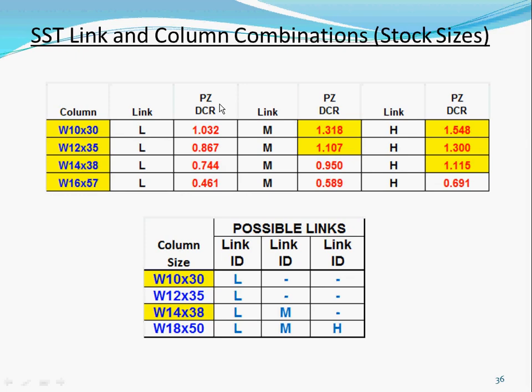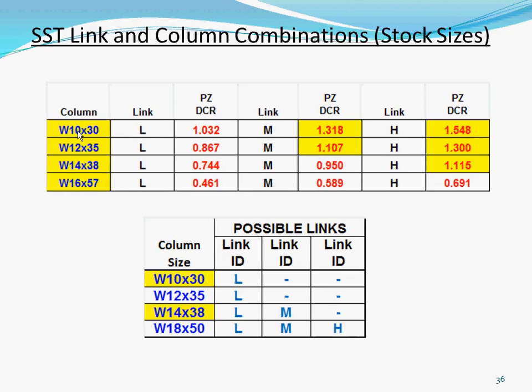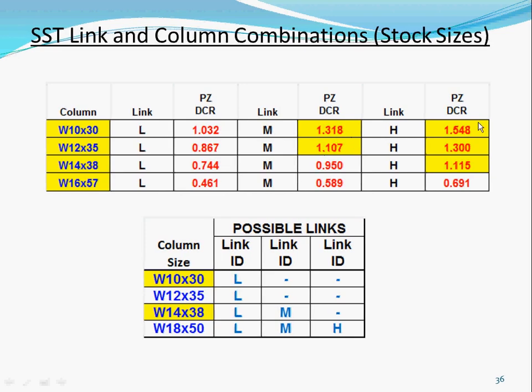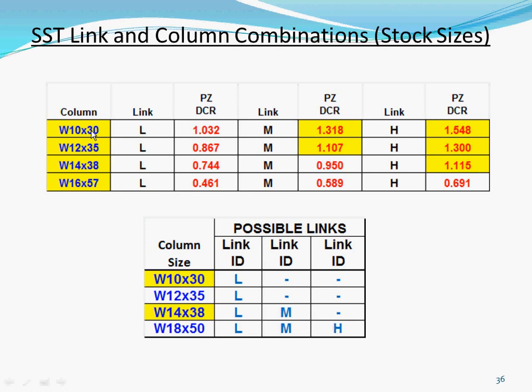Like I said, check your panel zone first. For the column, we have 4 columns. If I put in a light link, my panel zone DCR is 1.03. If I put in a medium link, my panel zone DCR is higher. H link is higher. What that means is, on my light column, I cannot use a medium link or a heavy link.